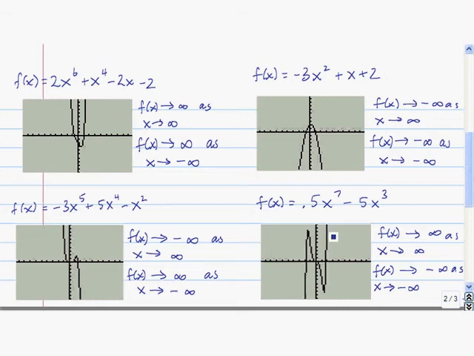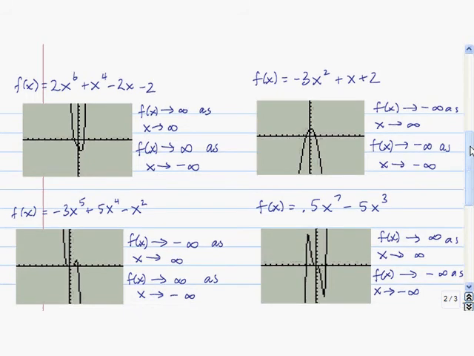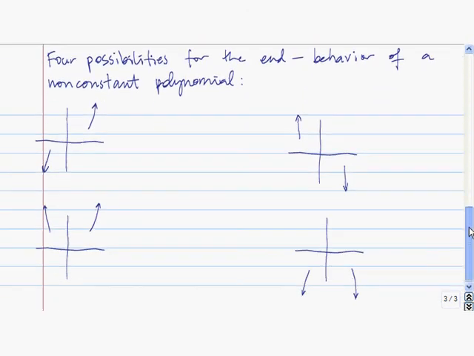What these examples illustrate is that there are 4 possibilities for the end behavior of a non-constant polynomial. And let's take a look at those possibilities. Okay, this first case is going to happen when you have an odd degree polynomial. In this case, the leading coefficient is positive.